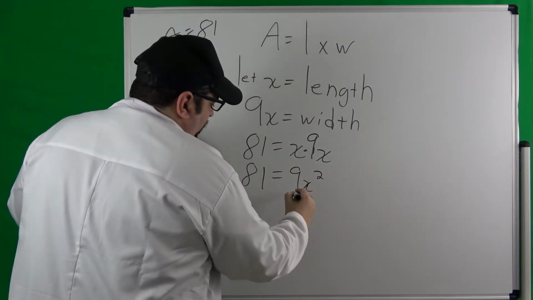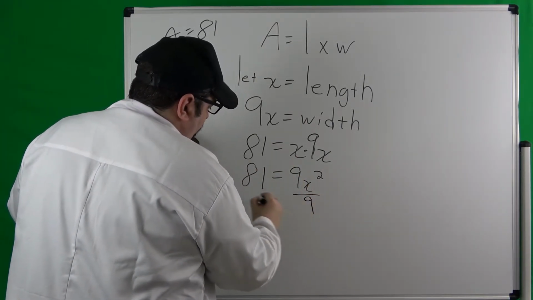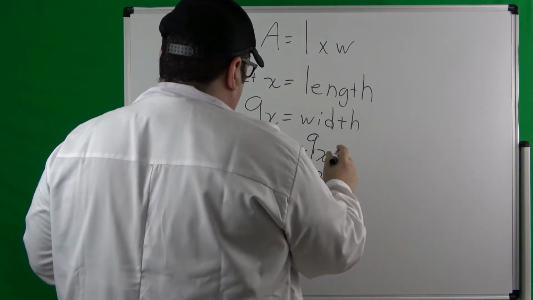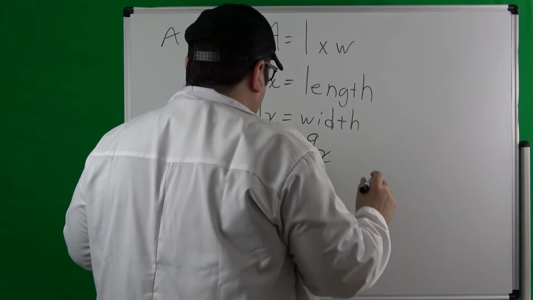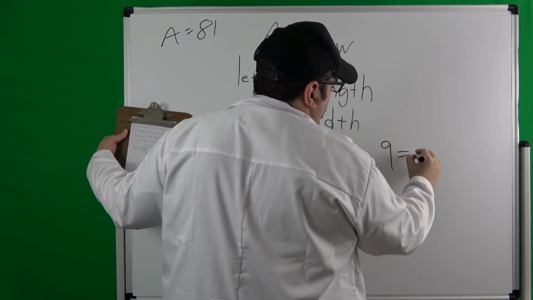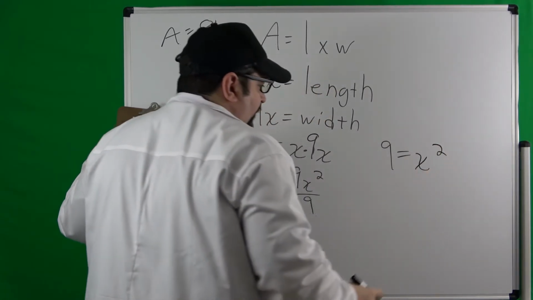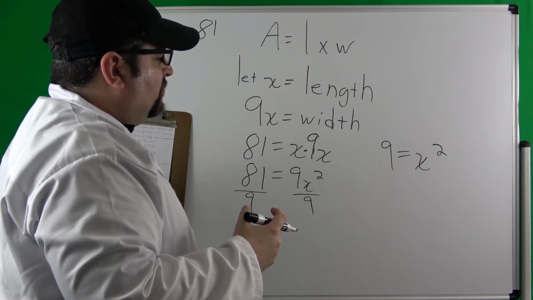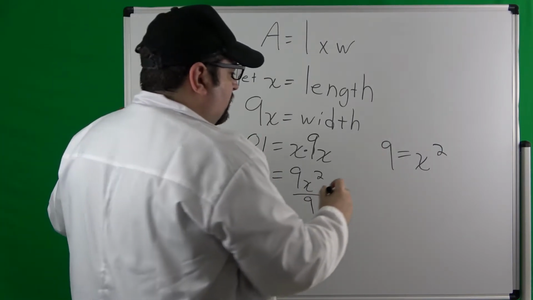So go ahead and divide both sides by 9. So we're going to have 9 equals x squared. Okay, so what we can do here is just square root both sides.